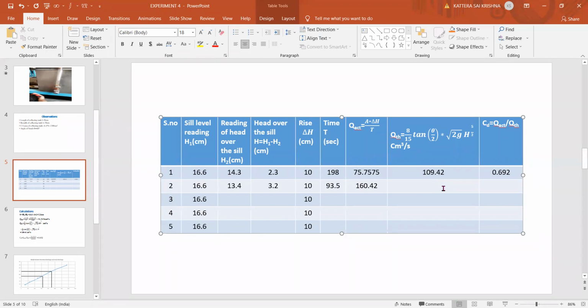Because the first value is 109, so you feel it should increase here. Yes, what you are telling is correct, but why are you getting the wrong value?